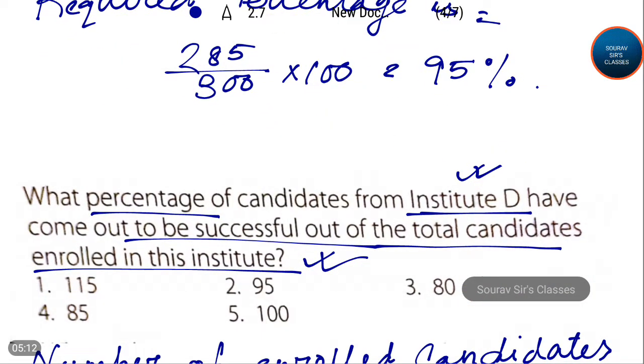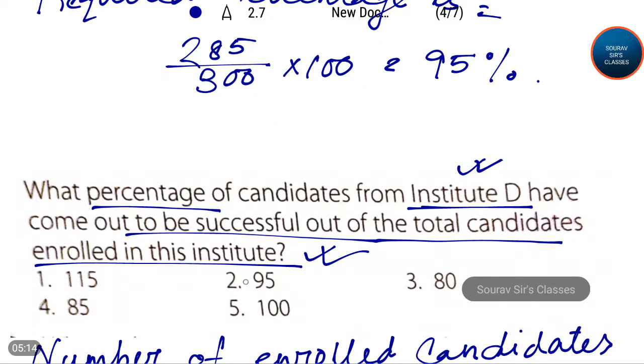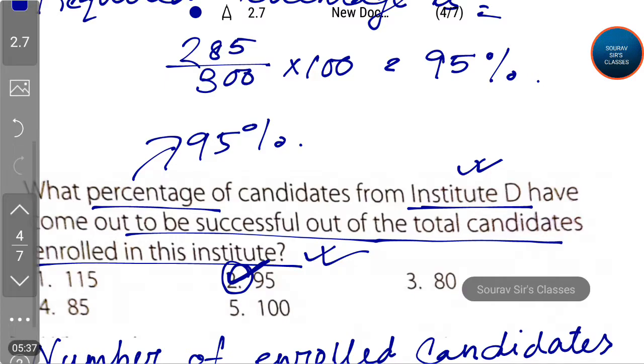So option 2, that is 95, is the correct answer. That means 95% of candidates from Institute D have come out to be successful out of the total candidates enrolled in the institution. So option 2 is the correct answer. Now let's go to the next question.